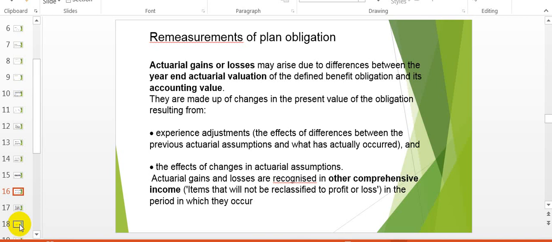So once you've entered the figures for the current service costs, the interest costs, the past service costs, and whatever other adjustments the question requires, if your total is not equal to the closing balance that you are given, then you have an actuarial gain or loss. The actuarial gain or loss is recognized in other comprehensive income. The actuarial gain or loss will be computed on both the plan asset and the plan obligation.